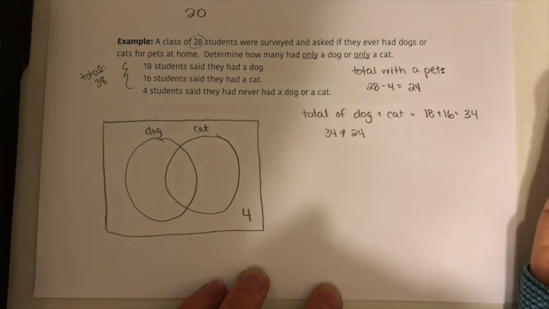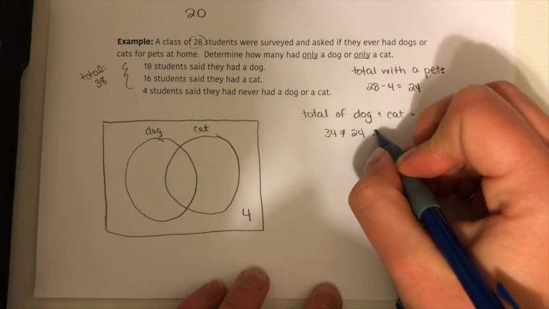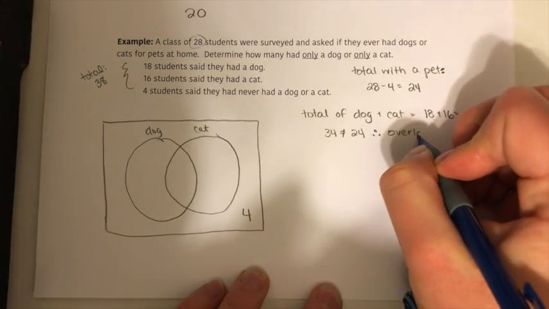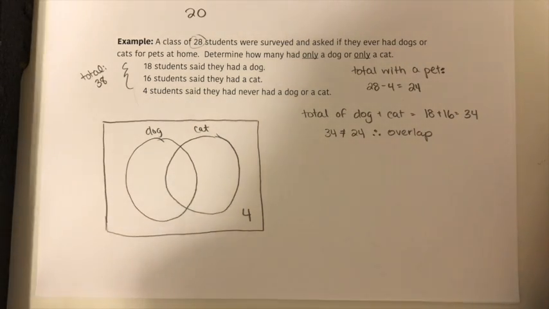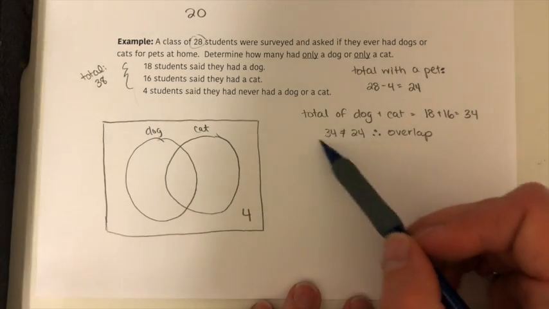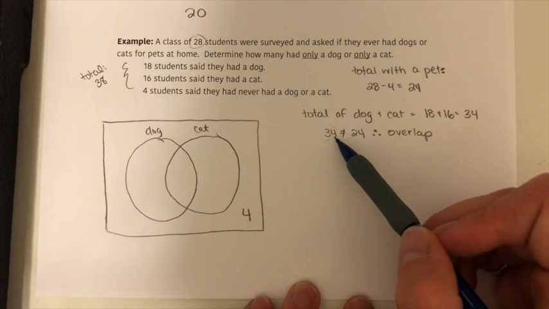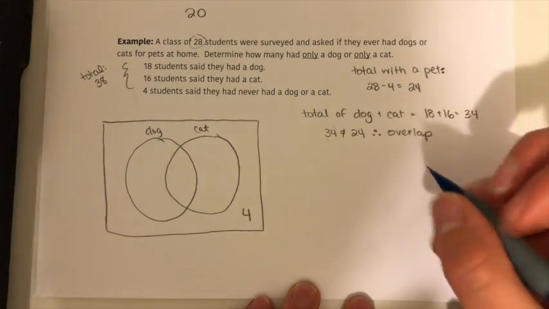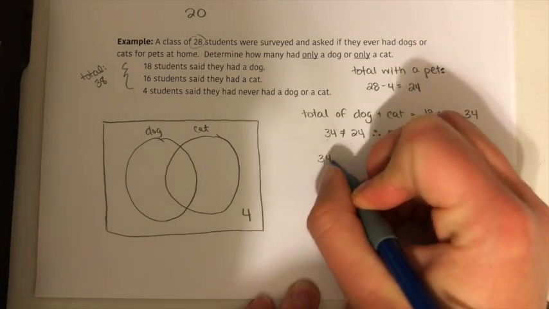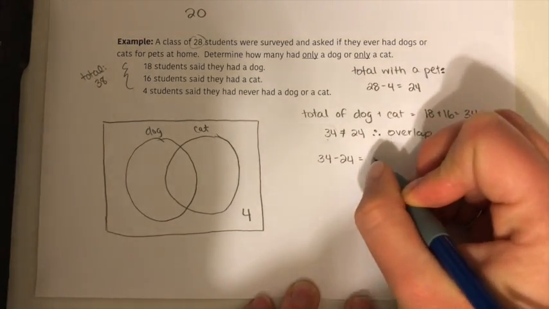We should know that, hopefully. So that's how we know that there is overlap here. So to figure out our overlap, we're going to take how many students said that they had one or the other or both and subtract how many we should have had. So we're going to do 34 minus 24, which is equal to 10.